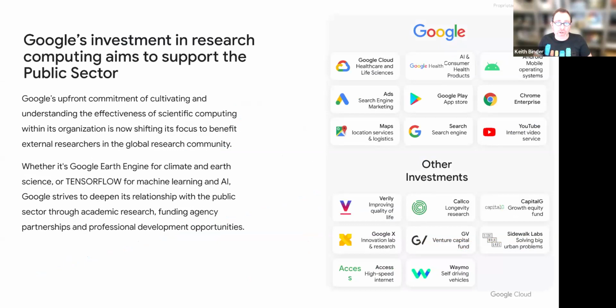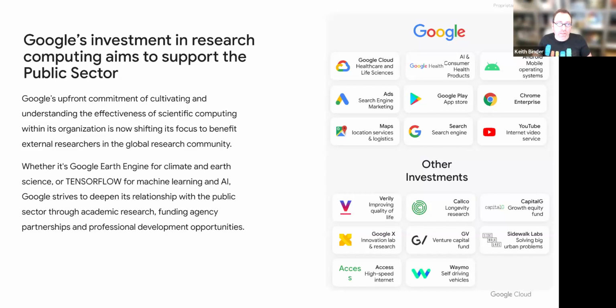And this collaboration of research and Google just doesn't reside in Google proper. Google is part of Alphabet. We have a lot of subsidiary companies underneath the Alphabet umbrella, but each one of those subsidiary companies has research at its core, just like Google had research at its core. So if you look at Verily and what they're trying to do to improve the quality of life, or Calico with longevity research, each one of them not only has research divisions, but they want to expose that research that they're incubating to a wider audience, right?